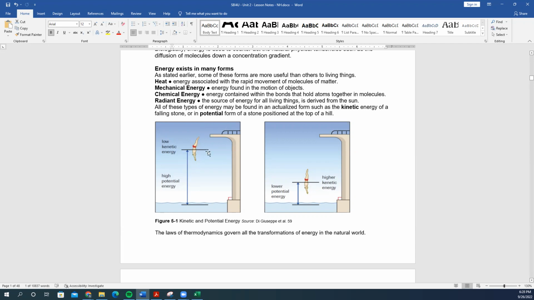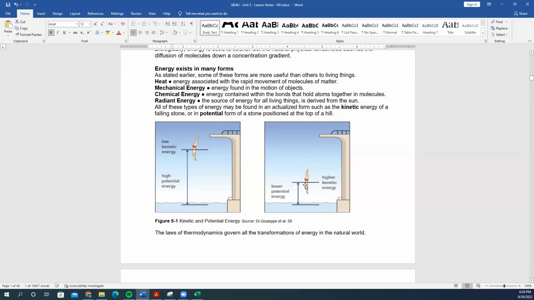Now, as the diver dives off, a certain amount of that potential energy is converted to kinetic energy. But depending on how high the diver still is before finally reaching the surface of the water, there is still a certain amount of potential energy. Compared to this position here, where the diver is lower down, there is less kinetic energy and more potential energy.